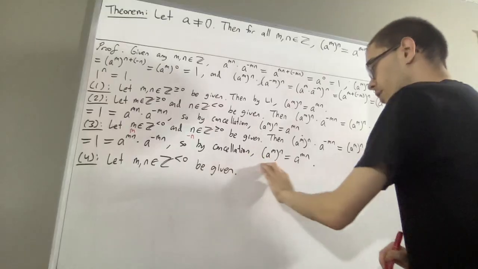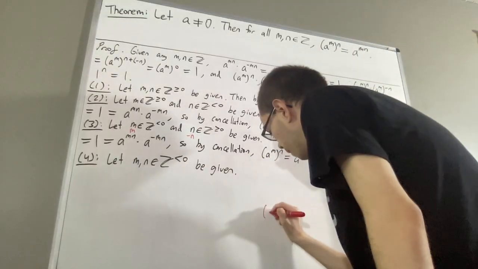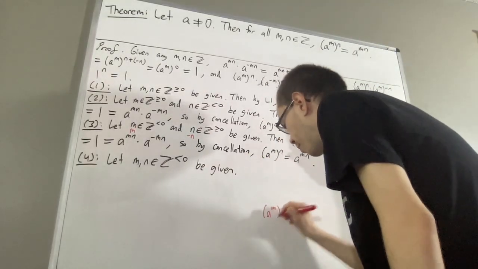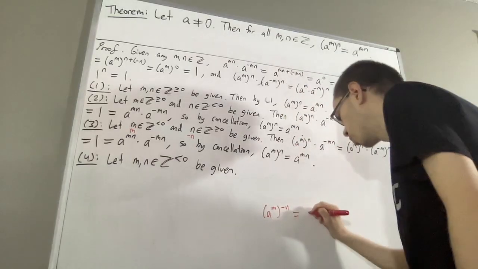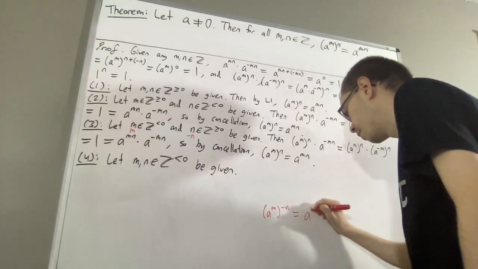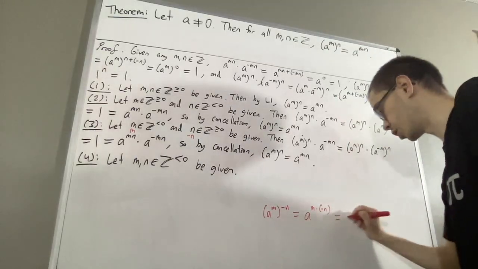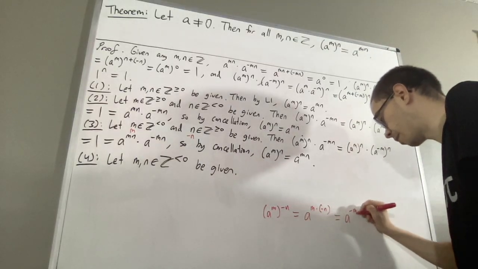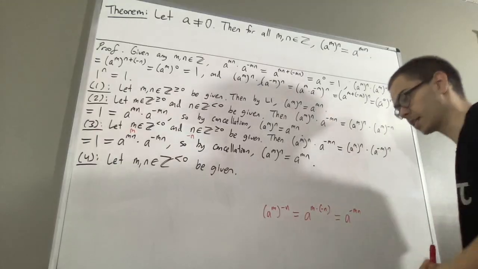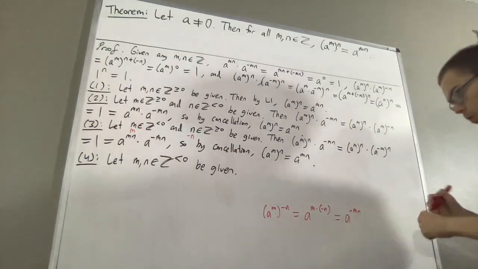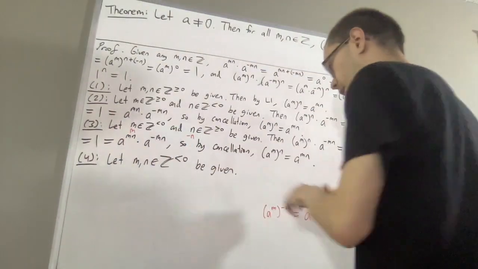So in that case, what does this become? We have a to the power of m to the power of negative n is equal to a to the power of m times negative n, or we could just write that as a to the power of negative mn. That's the same thing as that. So really, these are equal. So we're applying 3.